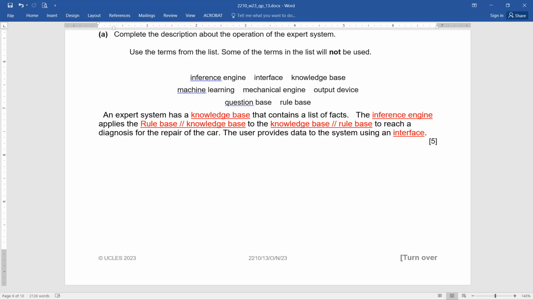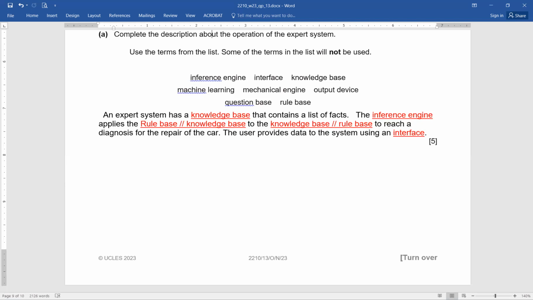So the inference engine applies the rule base to the knowledge base to reach a diagnosis, and the student can also mention the inference engine applies the knowledge base to the rule base to reach a diagnosis.